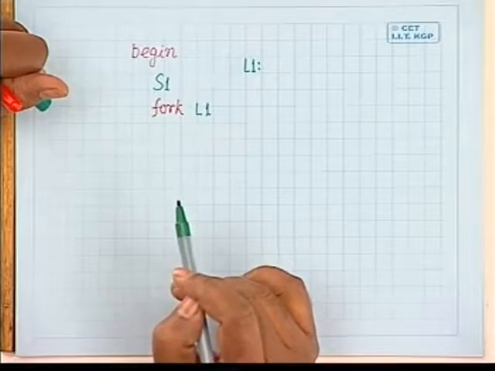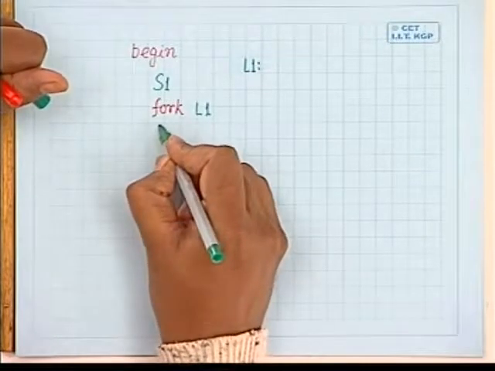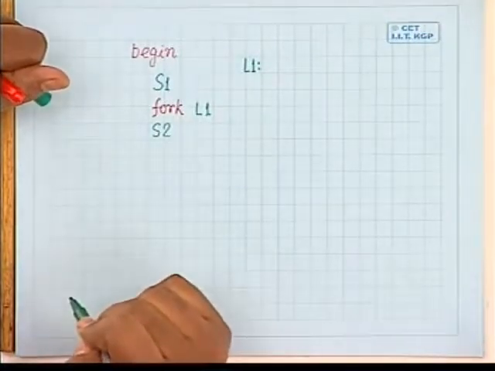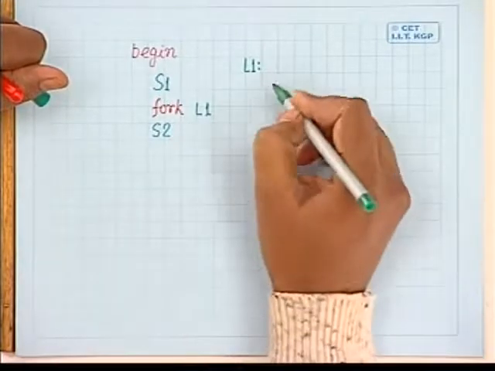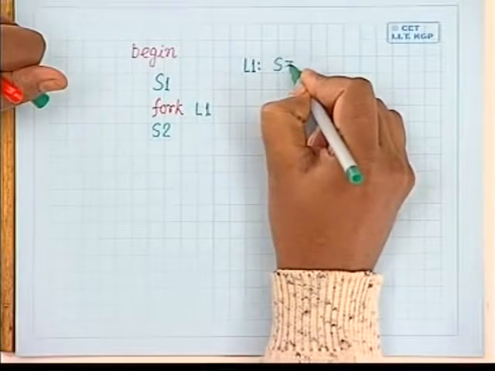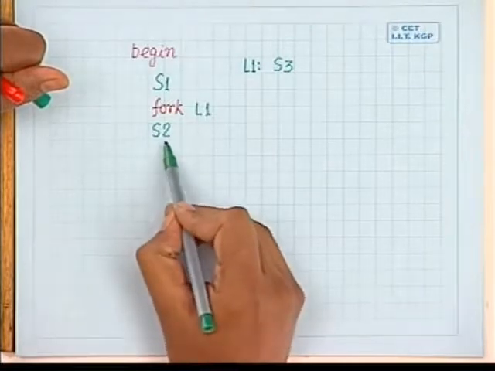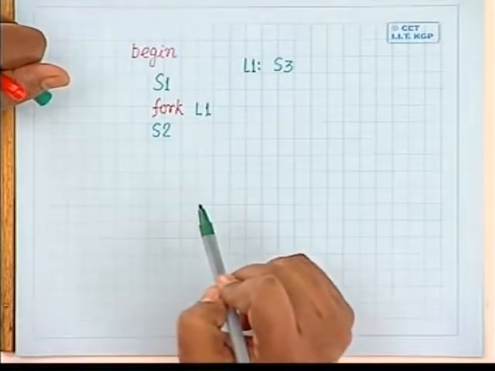Now one of the processes has to execute S2, so let us assume this is the process which continues with S2. The other process continues with execution of statement S3. So I create two processes: one executes S2, the other executes S3.